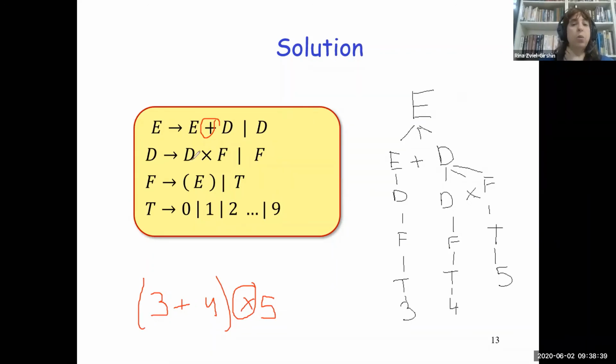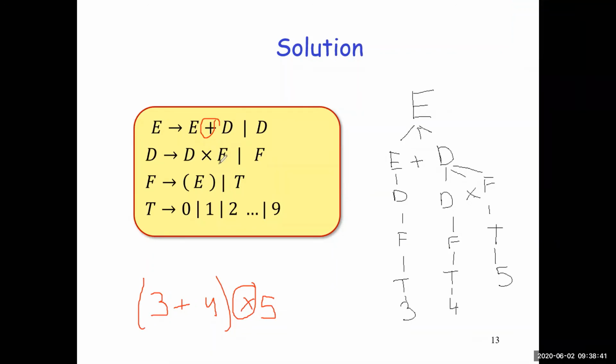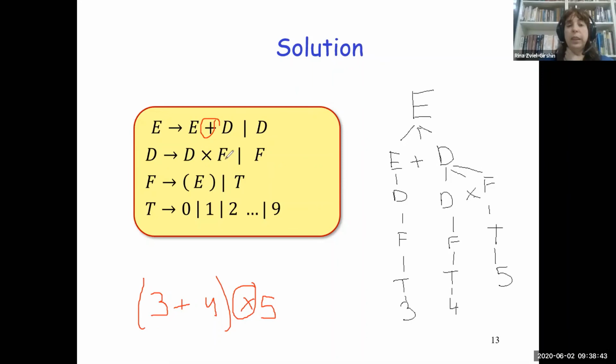So if I go to multiplication sign with D and F, please pay attention that F is at the right hand side, and I have brackets at the left side of multiplication.